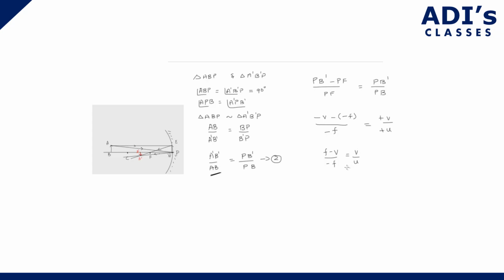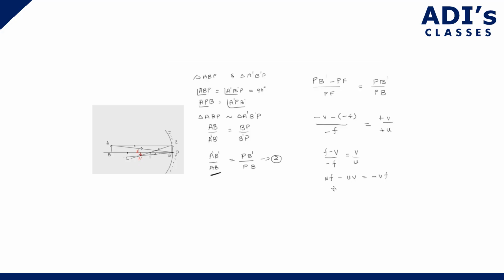Now if you cross multiply, you have UF minus UV is equal to minus VF. Now divide the whole equation by UVF.